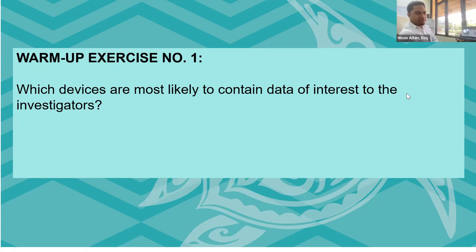So those three devices quickly come to my mind. I'd be interested to hear additional devices from the other colleagues. Perhaps Tupo has some more in mind. So thank you all.